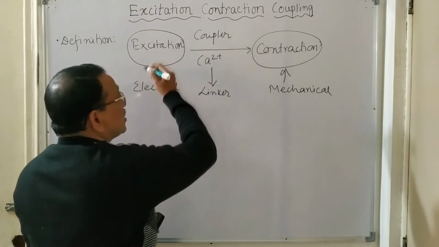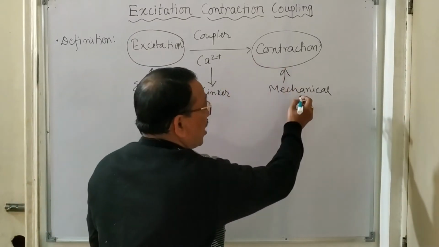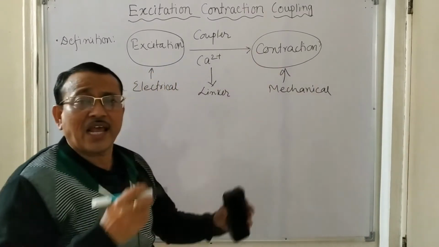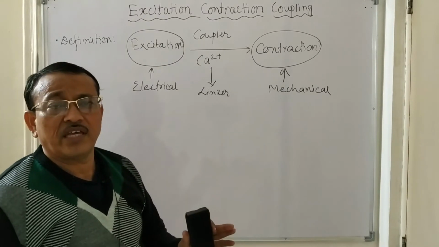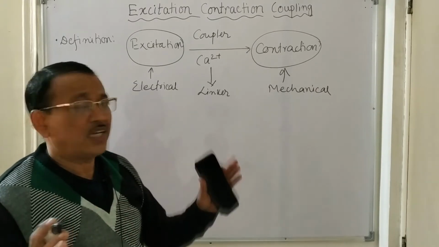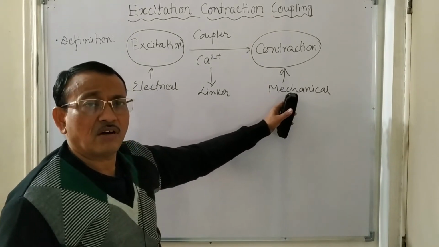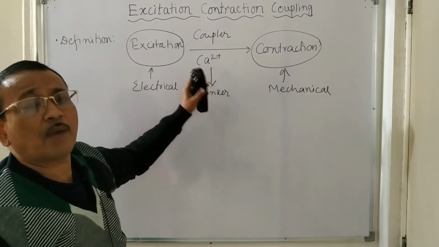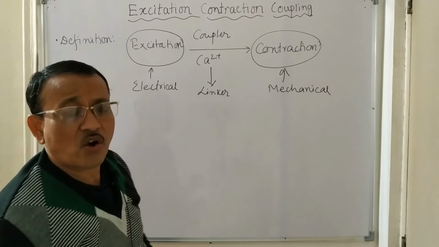Thereby this entire phenomenon, that is excitation of the muscle membrane leading to contraction of the muscle by the help of a coupling agent known as calcium ion, is known as excitation contraction coupling.